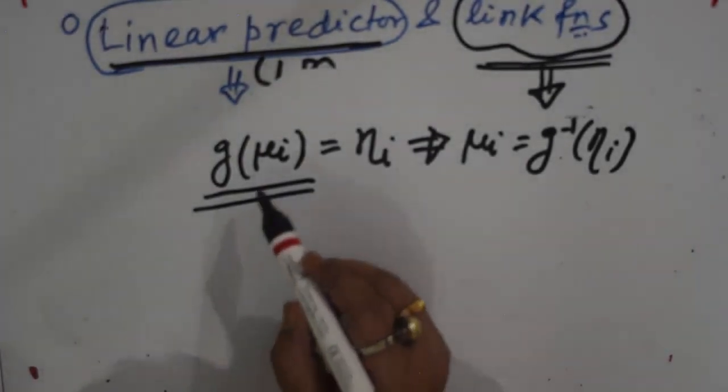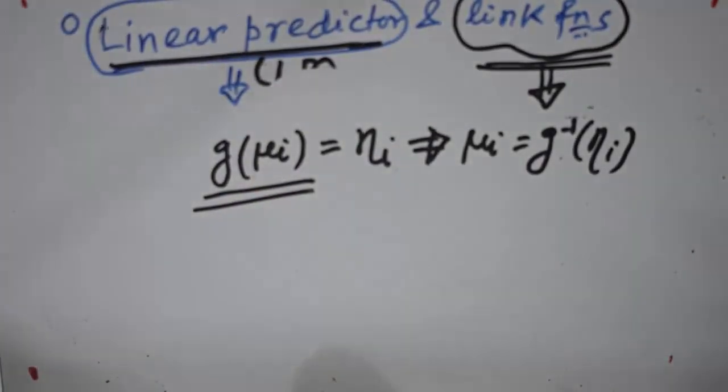So this is the link function g of mu i. So g of mu i equal to eta i, and therefore mu i equal to g inverse of eta i.